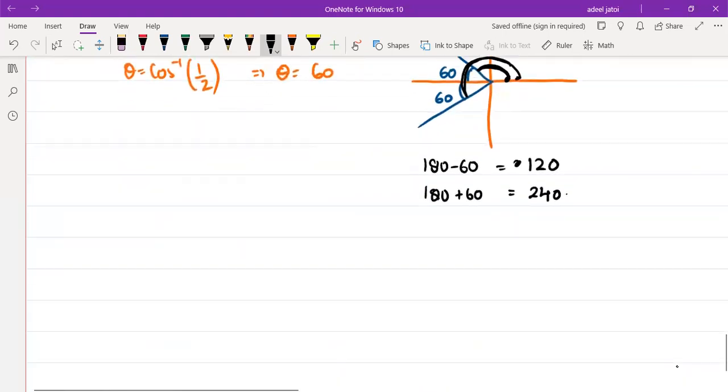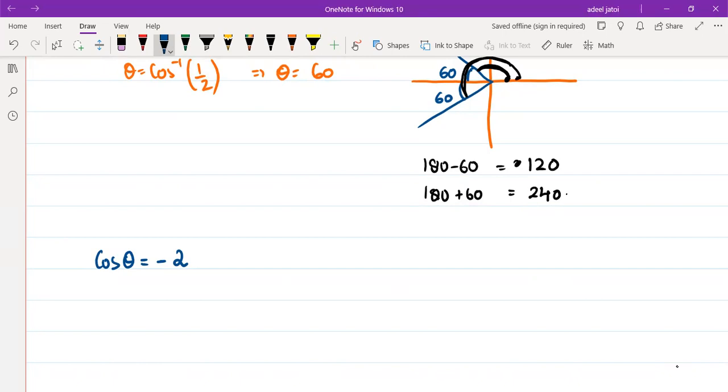Now let's do this. Cos theta is equal to -2. Looking at this question, will you solve this? You will not be solving this.